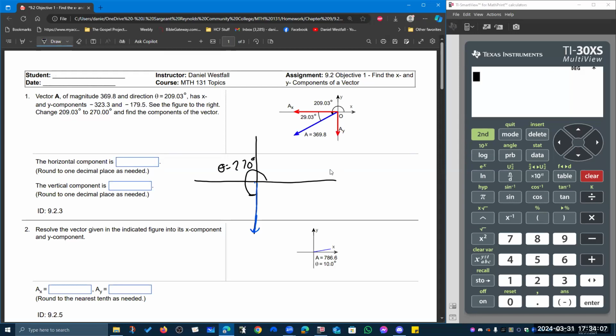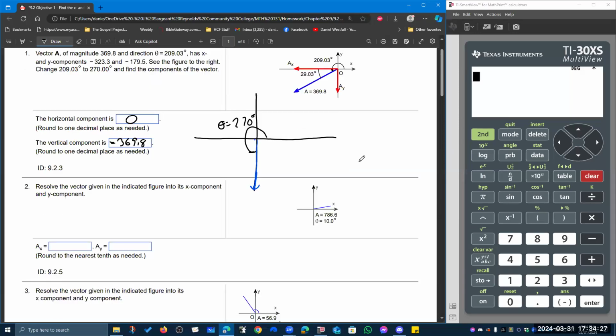That means we're going to have 0 component in the x direction and a negative 369.8. The entire magnitude is going to be going down in the negative y direction.